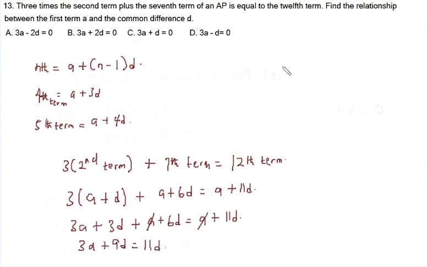Moving d over to the other side, we have 3a plus 9d minus 11d, which is equal to 0. So we have 3a plus 9d minus 11d becomes minus 2d is equal to 0. So the answer is A.